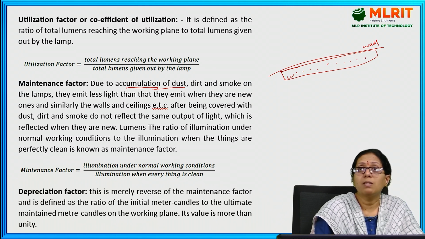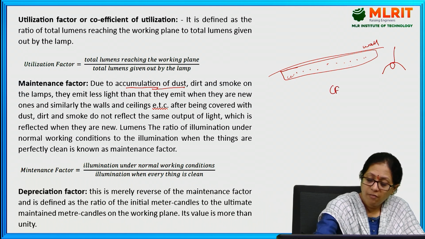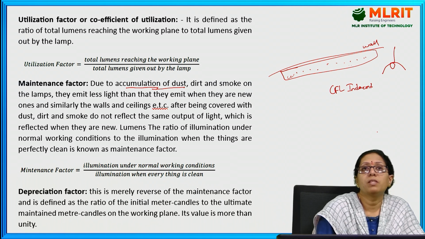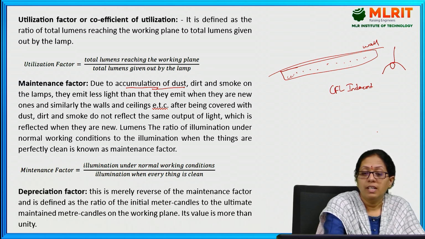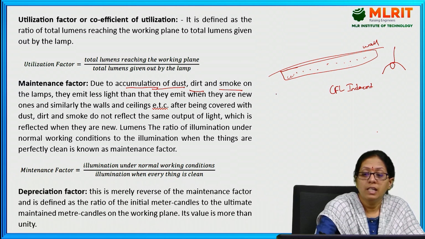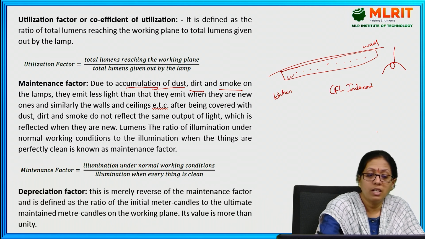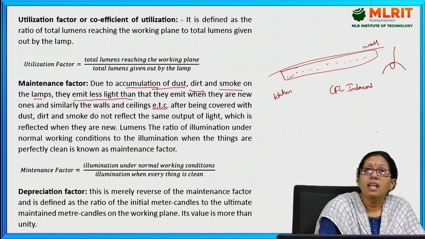When the dust is accumulated on a normal bulb, or on the lamp, or on a CFL or incandescent lamp, or any kind of bulbs or lamps, because of the accumulation of dust, dirt or smoke, mostly in the kitchen areas, the lamps emit less light when compared to the other lamps.